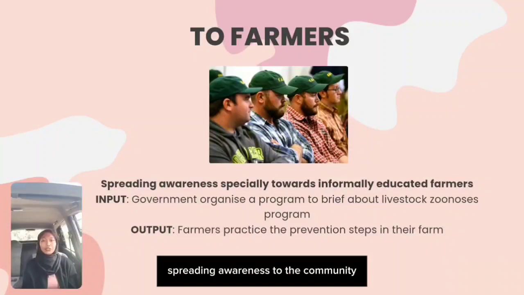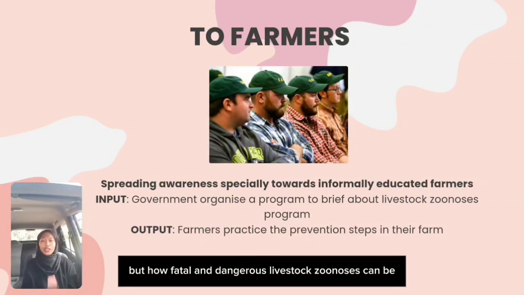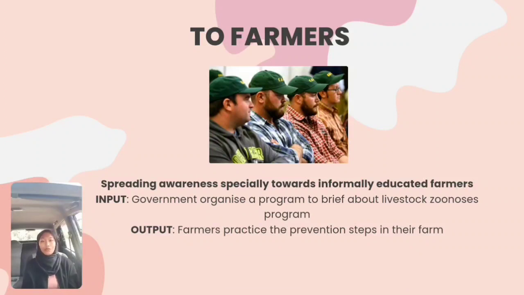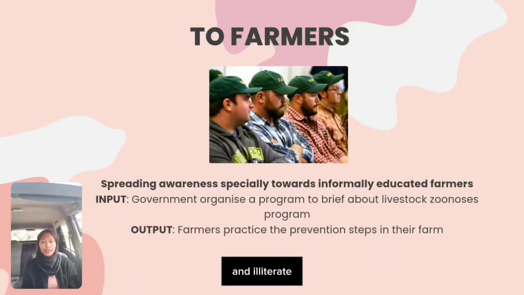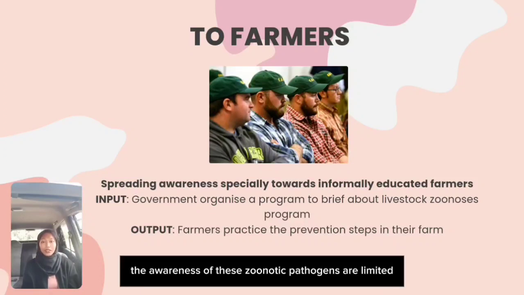Spreading awareness to the community is important to open the community's mind about how fatal and dangerous livestock zoonoses can be. For instance, among farmers that are informally educated and illiterate, the awareness of these zoonotic pathogens is limited.